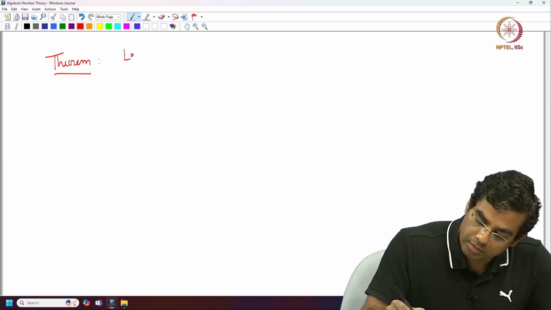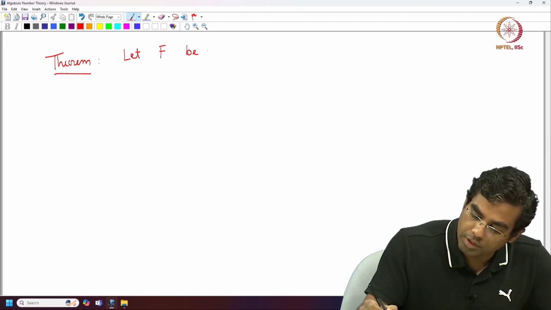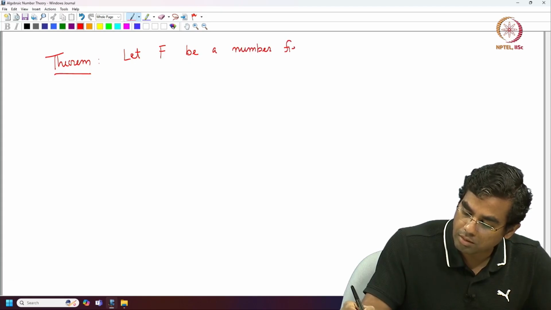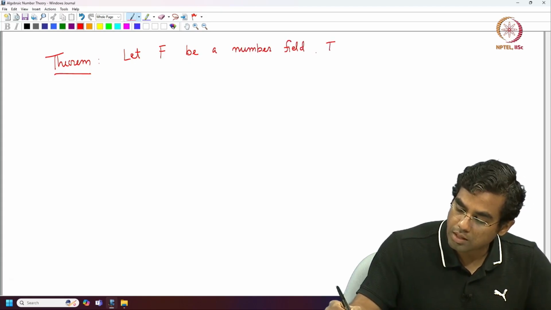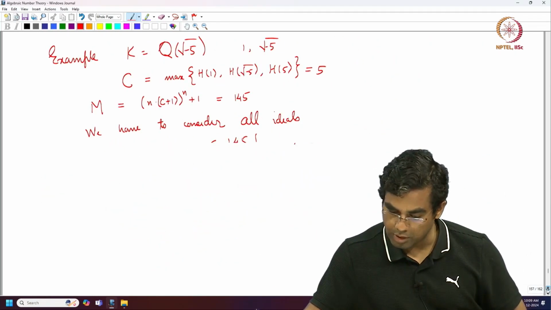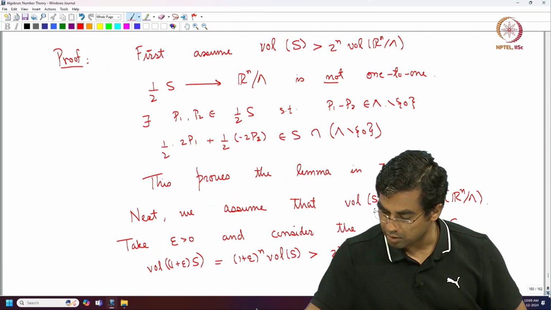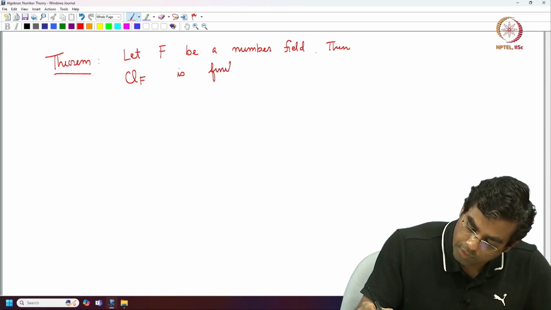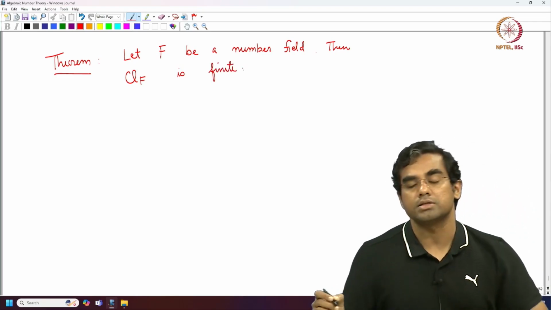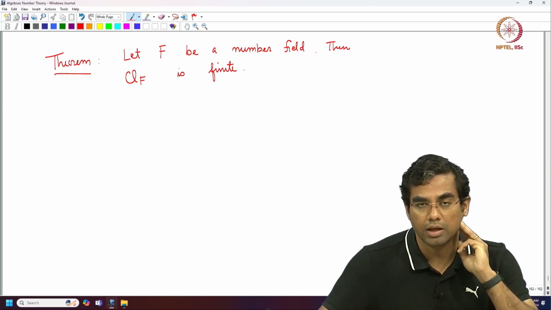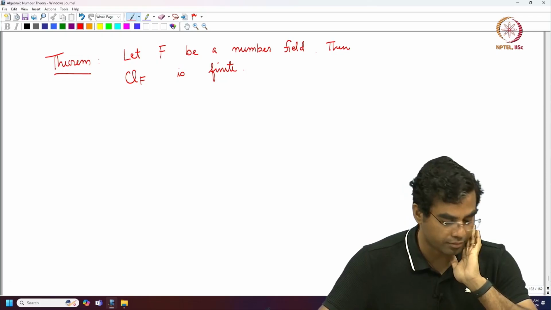So, let F be a number field, and let me remind myself how I denote class group, CL F. Then CL F is finite. Okay. And again the idea is the same. We will take any ideal class and we will show that it contains an integral ideal of bounded norm.